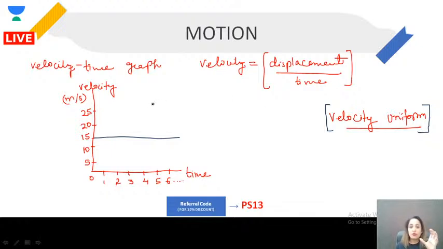You will see from this graph at 0 time the object is moving with a velocity of 15 meters per second. In 1 second it is still moving with the same velocity. In 2 seconds it's still moving with the same velocity. 3, 4, 5, 6. That means the object is moving with the same velocity.